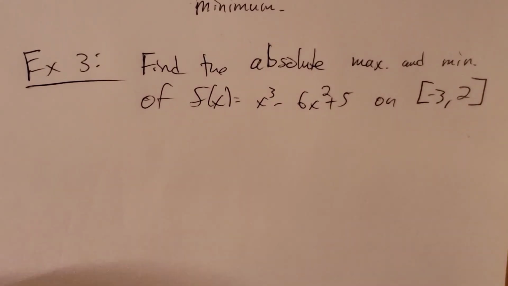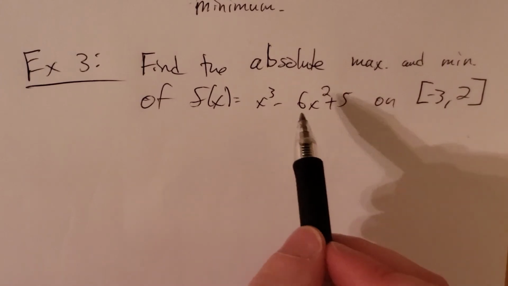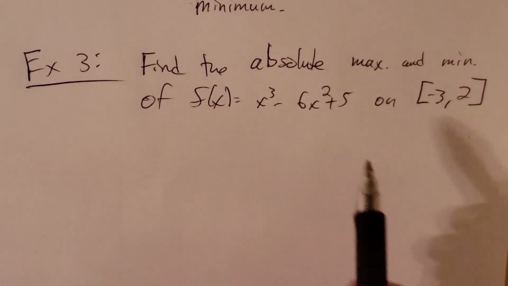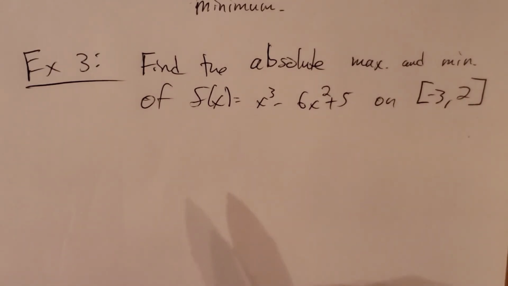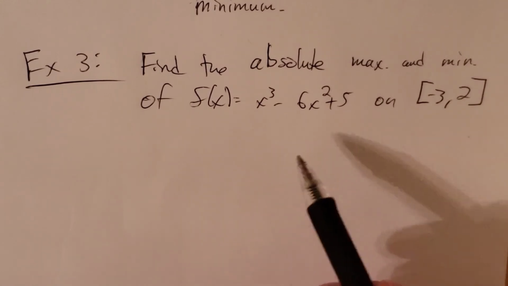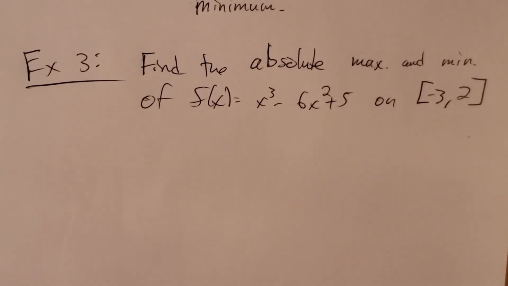This is a continuous function, so we can apply that previous statement. Since it is also differentiable, the derivative exists everywhere, so we really just need to find the interior points where the derivative is 0.